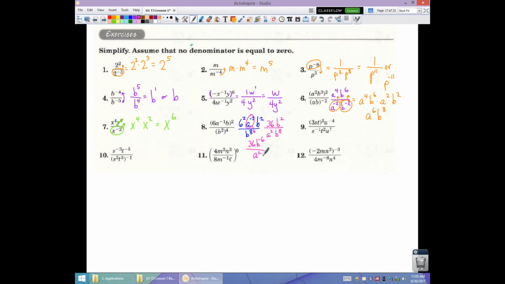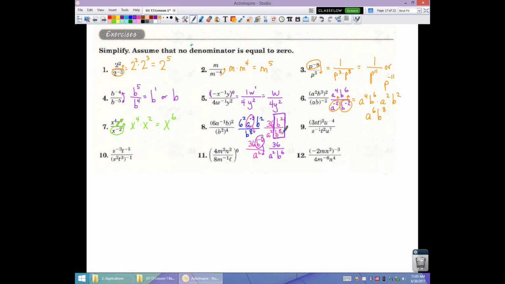Now we usually like to have our answers with all positive exponents, so I need one more step to take these b's and move them to the denominator. So 36 over a squared b to the 6th. Now a little bit of a shortcut here when you are simplifying the b's.